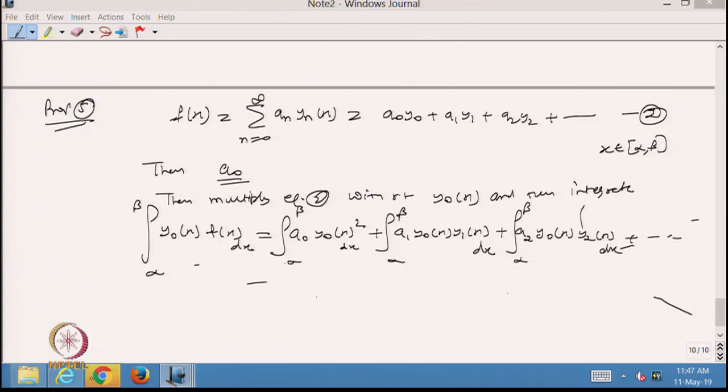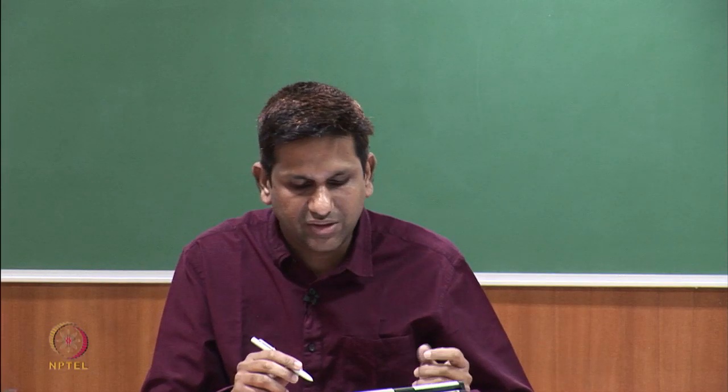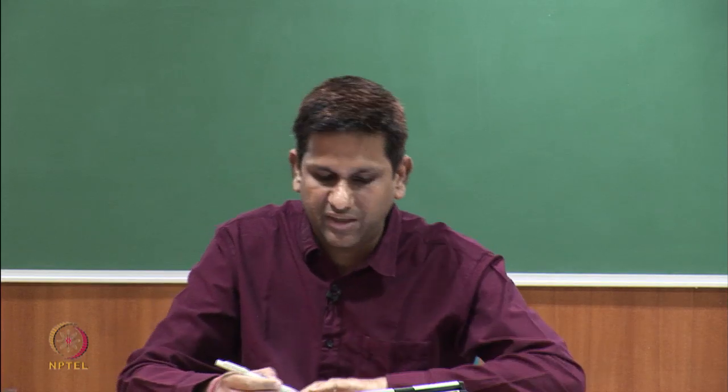So, I can write from alpha to beta Rx y naught x f x dx, because sometimes the Rx can be 1 also. So, in that case the calculation of this integral becomes very easy.